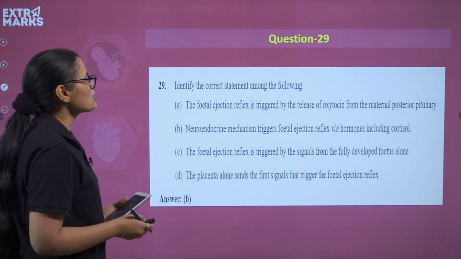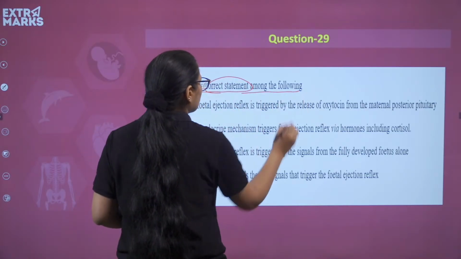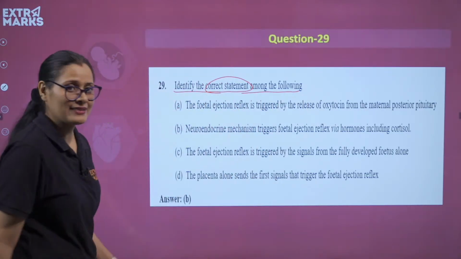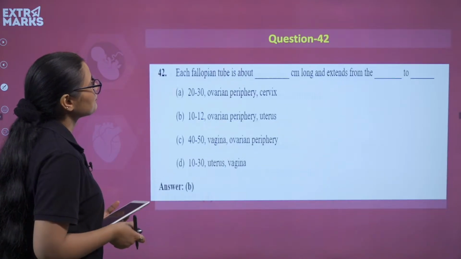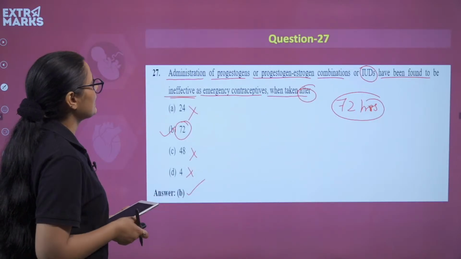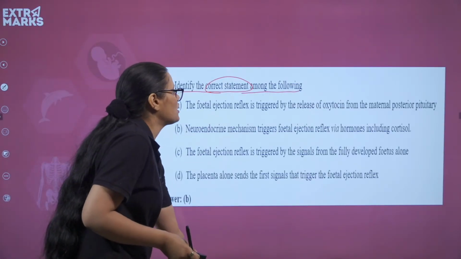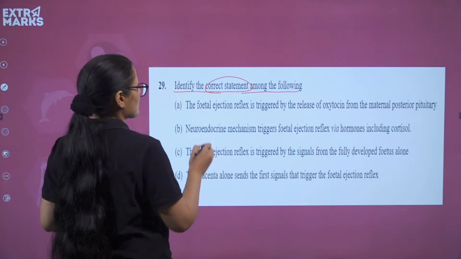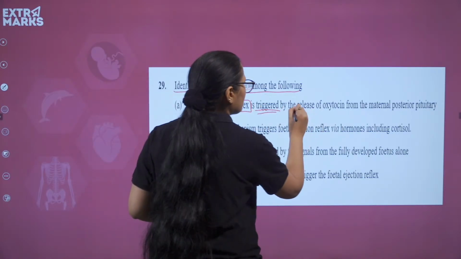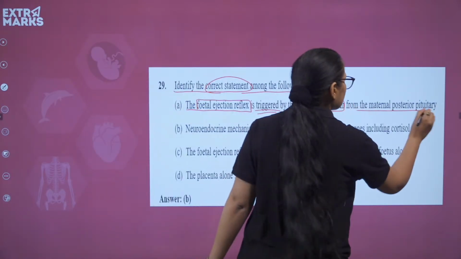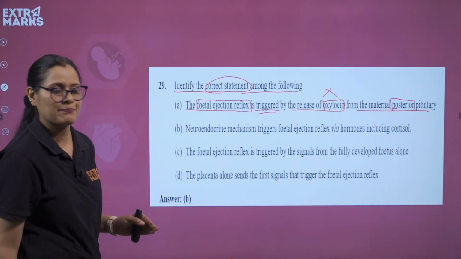The next question is question 29 that says identify the correct statement among the following. You have to find the correct statement. The very first statement says the fetal ejection reflex is triggered by the release of oxytocin from posterior pituitary. This reflex is triggered by release of oxytocin from maternal posterior pituitary, and this is incorrect because the opposite happens, right?